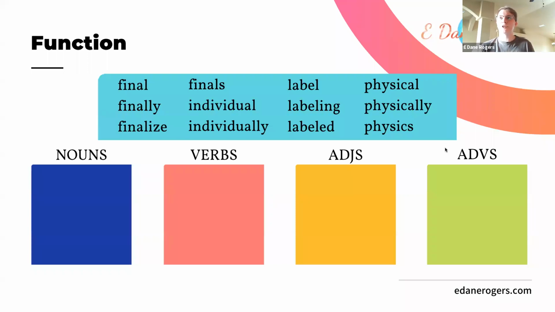We call these verbal adjectives, present participle. So it starts with a verb and it becomes an adjective, or you're right, we can use it as a gerund and it can be a noun. So labeling is a fun activity. In this case, it's a noun. Or the labeling machine is broken. In this case, it's an adjective.